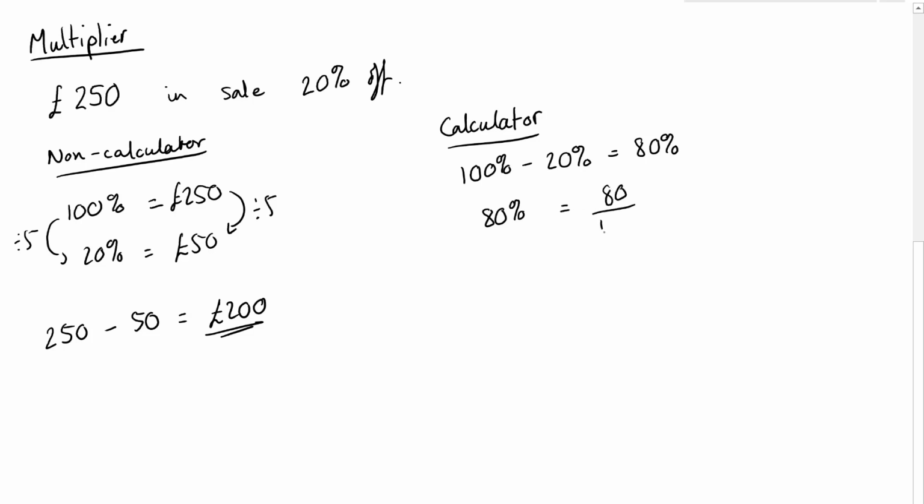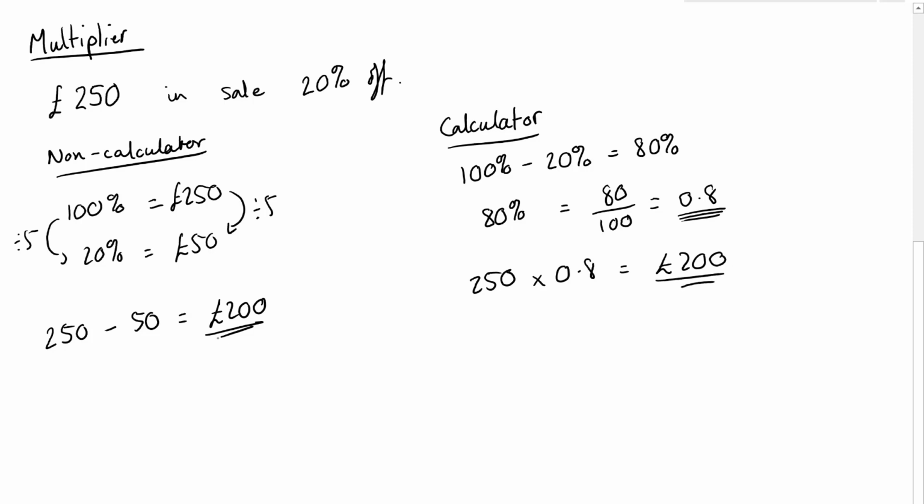If I did 80 divided by 100, I'd get 0.8. This is now my multiplier. If I wanted to find 80% of any number, I just have to multiply it by 0.8. So in this case, if I take 250 and times it by 0.8, I will indeed get £200, which is exactly what we got in the other way.